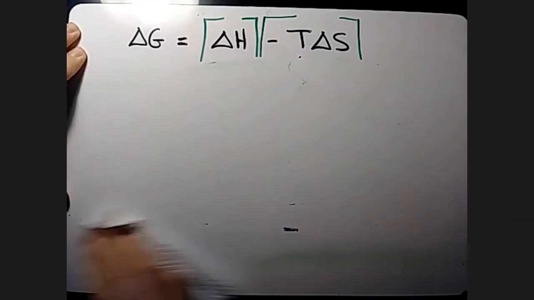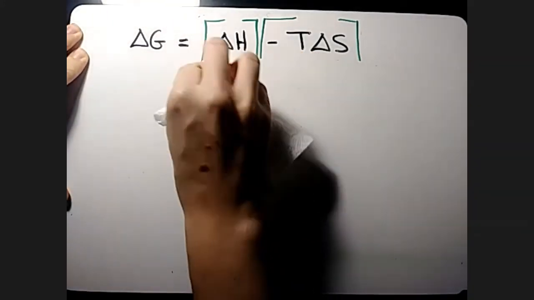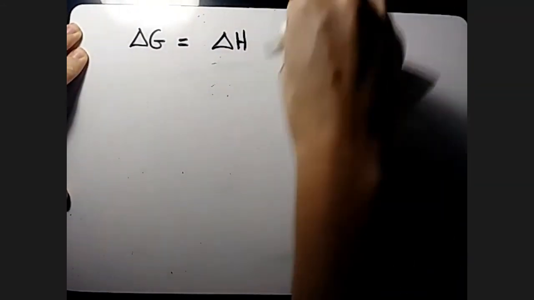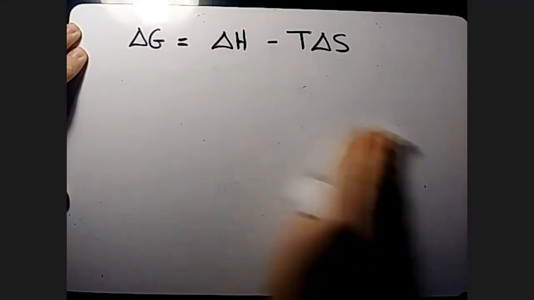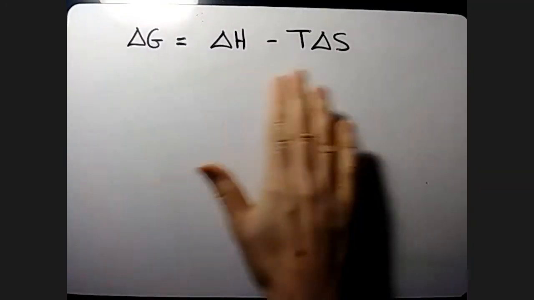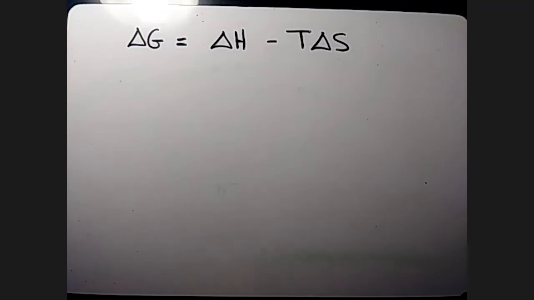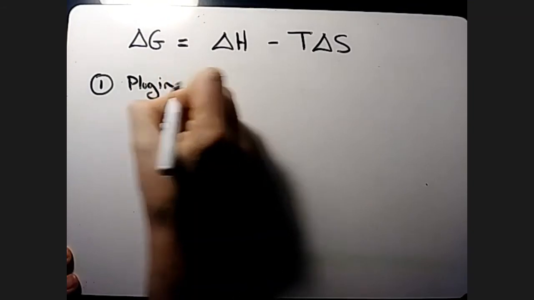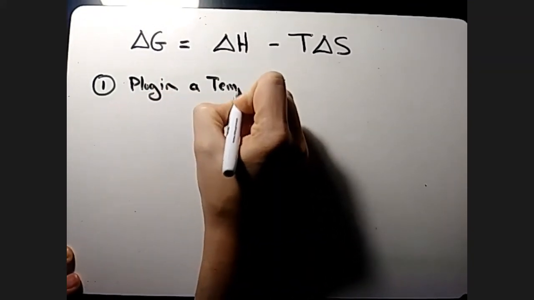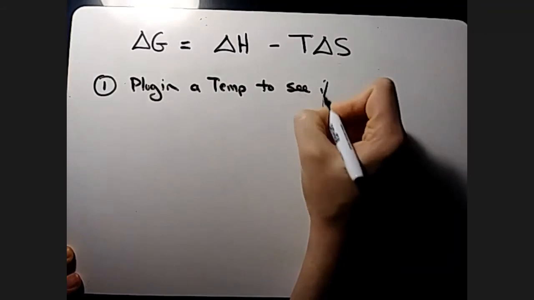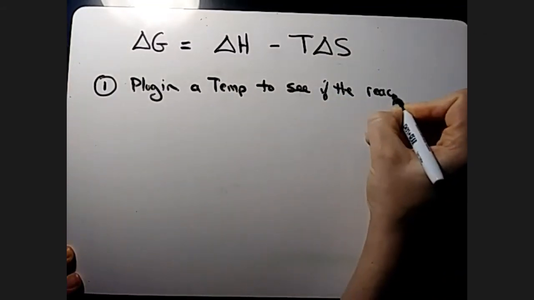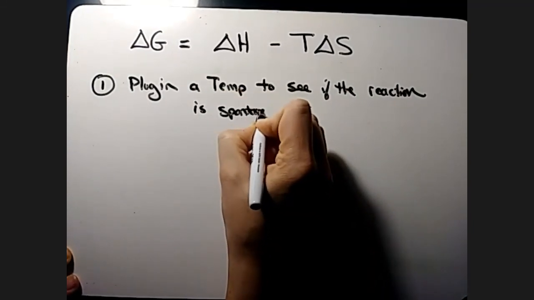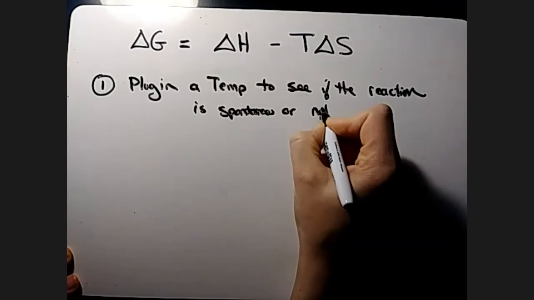Now, taking a look at this, there are essentially two relationships that we're going to want to make sure of. So what we can do is plug values into this equation to figure out one of two things. First of all, I can plug in a temperature to see if the reaction is spontaneous or not.